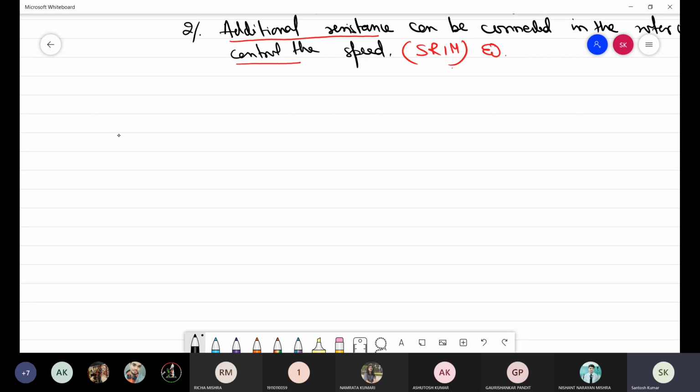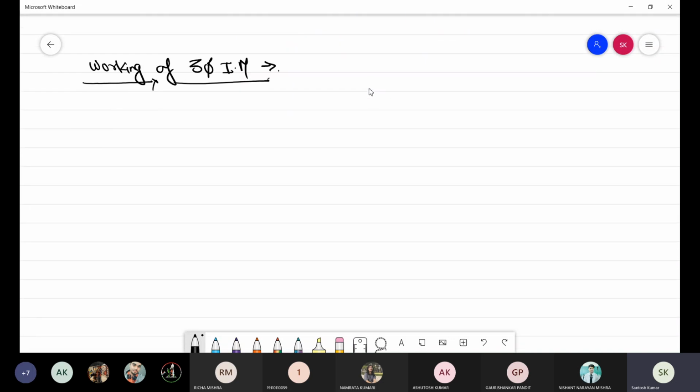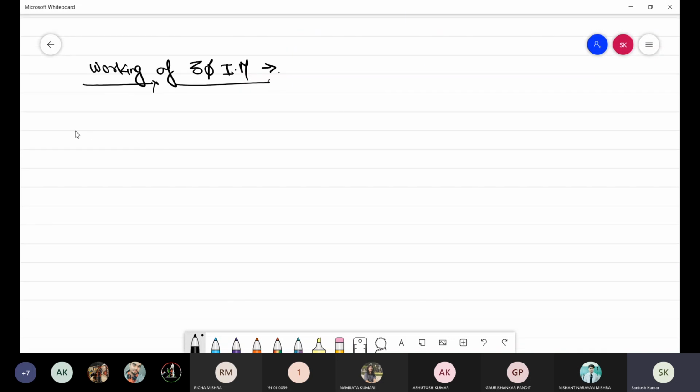See, the starting and working principle of the three-phase induction motor. For this working of the three-phase induction motor, we will discuss the case of the squirrel cage induction motor.